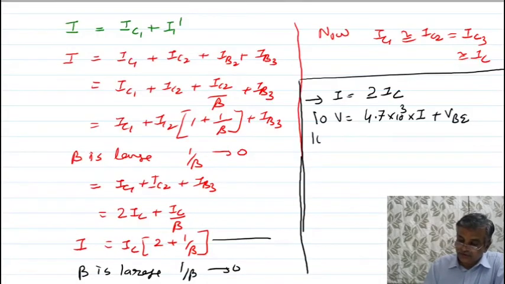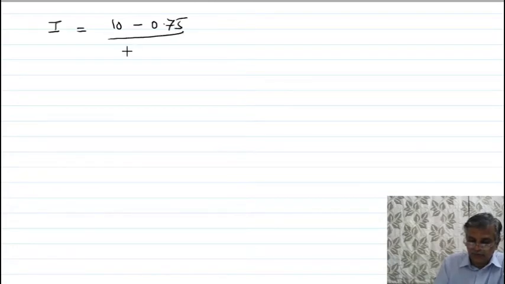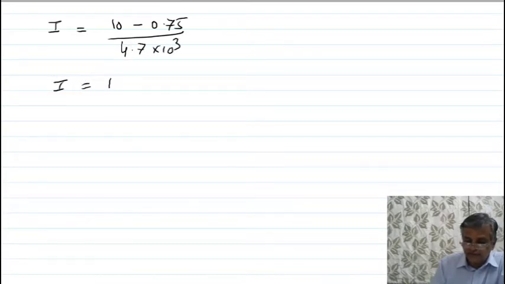So 10 minus VB upon 4.7 into 10 raised to 3 is equal to current I. So current I is equal to 10 minus 0.75 upon 4.7 kilo ohm. If you do this calculation, we will get 1.97 milliampere.